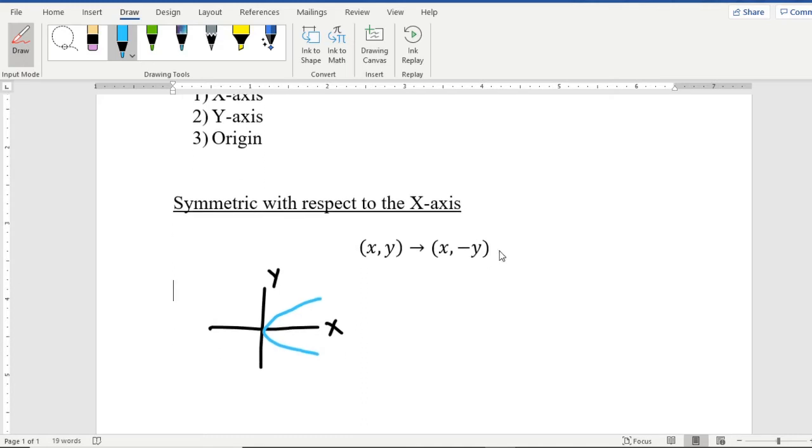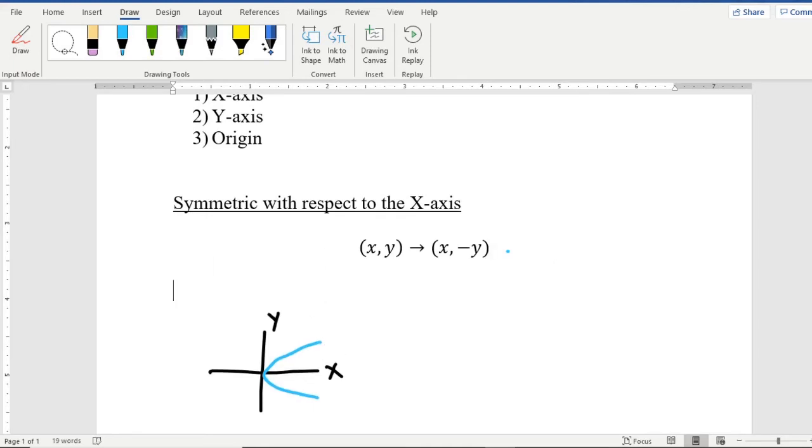Okay, so let me stop drawing for that. A good example of this is the graph x equals y squared, which is the one I did just draw.